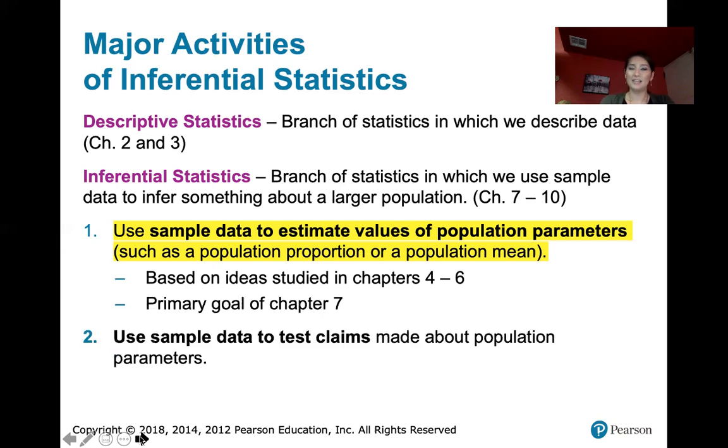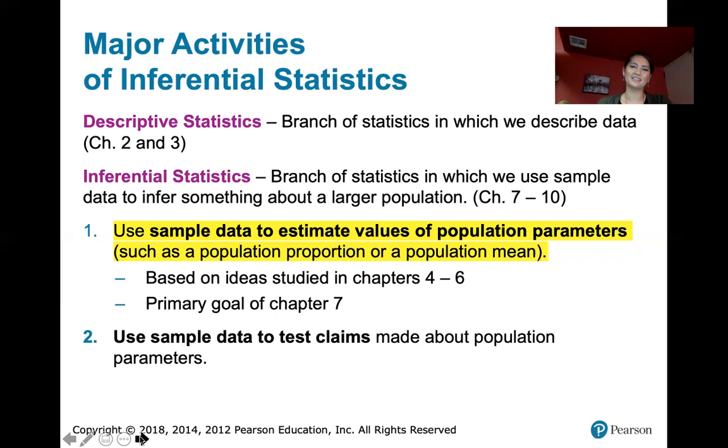Now, chapters 8, 9, and 10 focus on using sample data to test claims or test hypotheses made about population parameters. If you've ever heard the results of some social science study that said men tend to be this way and women tend to be this way, you might ask yourself, how do you even know that that's true? How are they able to compare those two groups?